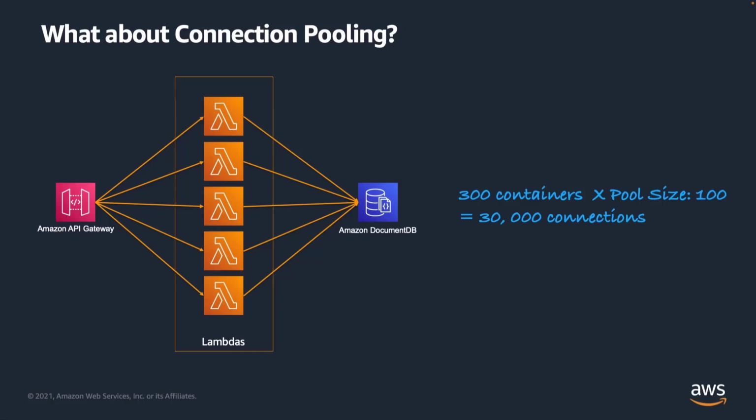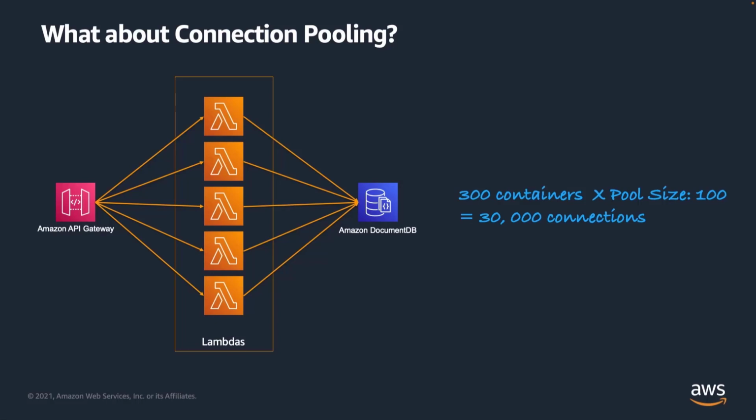Let's take this example. With a connection pool of 100, it can end up consuming all 30,000 connections if your application layer just ends up spinning up 300 containers. This is the largest instance, 16x large, that can support up to 30,000 connections.